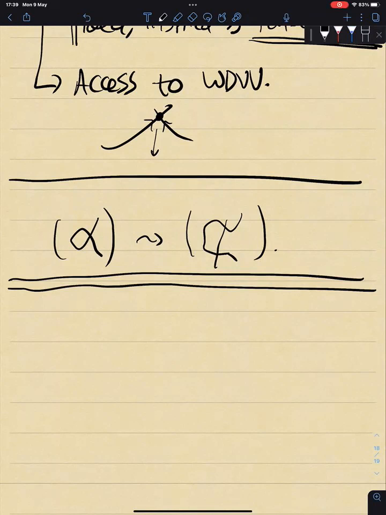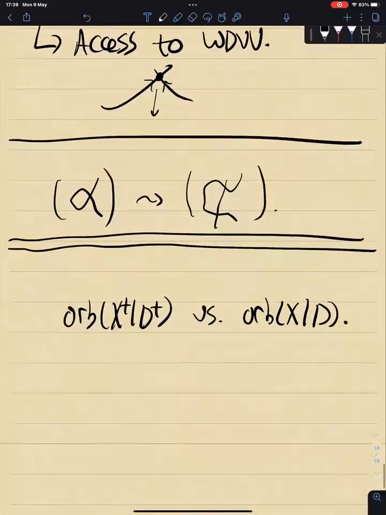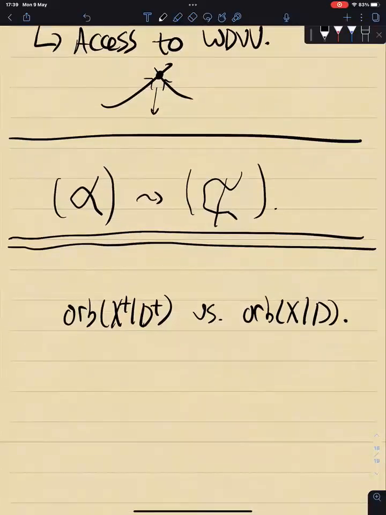The question basically reduces to comparing two orbifold theories, the orbifold theory of the blow up versus the orbifold theory of what you started with. People have worked on this, but it's not entirely clear to me how to do this in general.